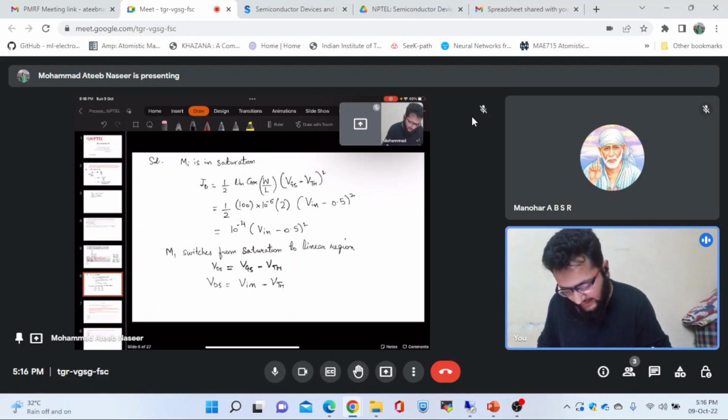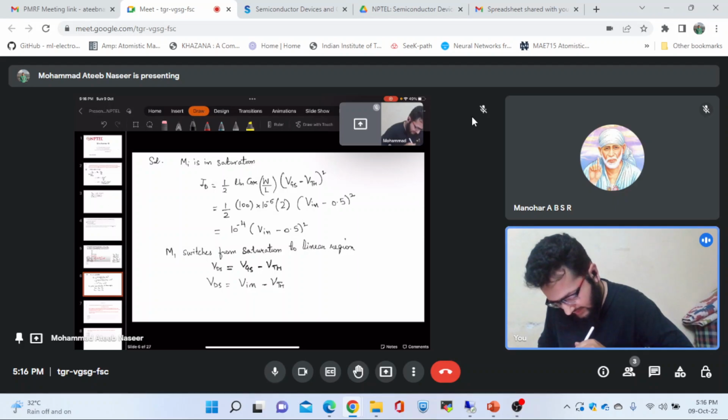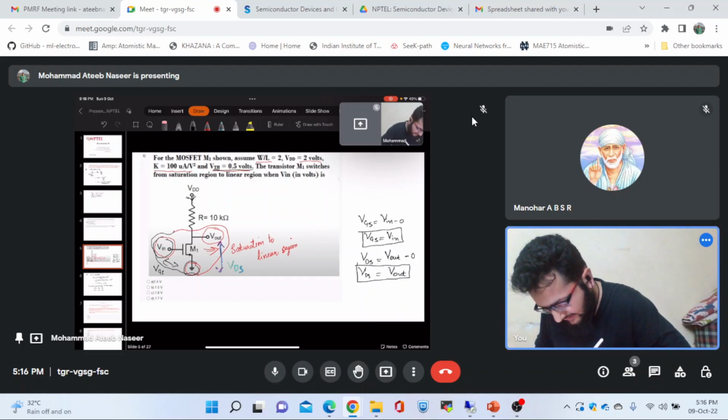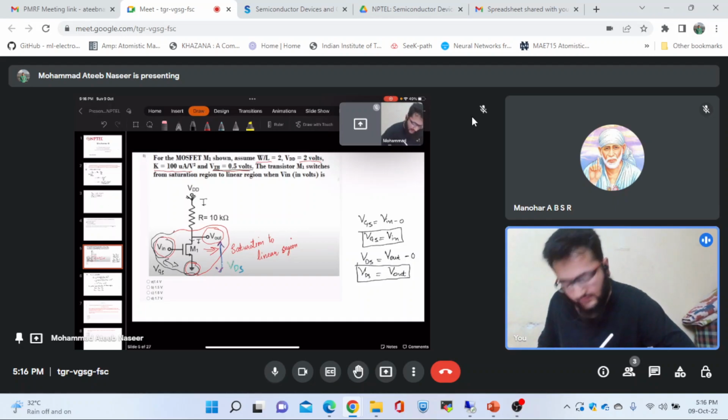So I can use some manipulations to incorporate this V out. If there is some current I moving in this circuitry, this same current is going into this MOSFET. I will be having this current I.